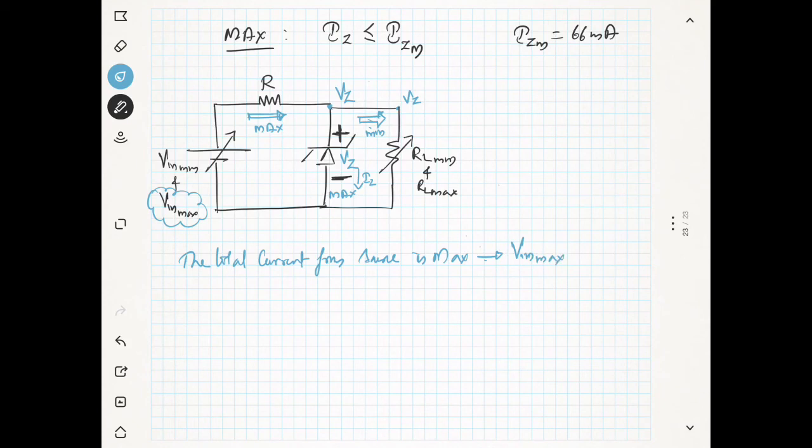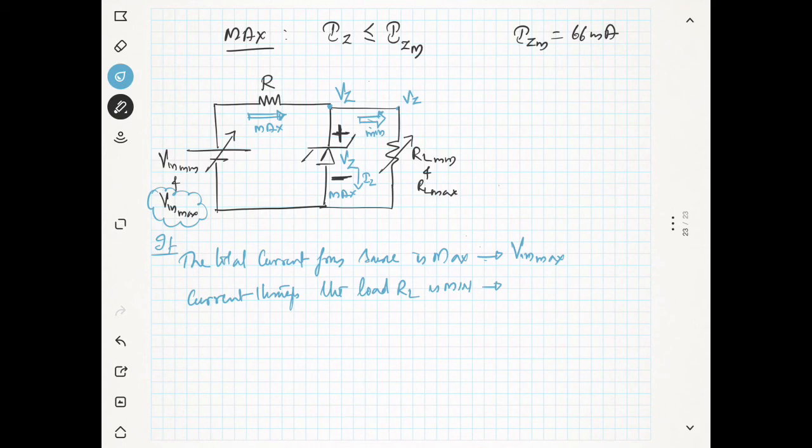Okay, and Vz is constant, and the current through the load RL is minimum. When will it become minimum?